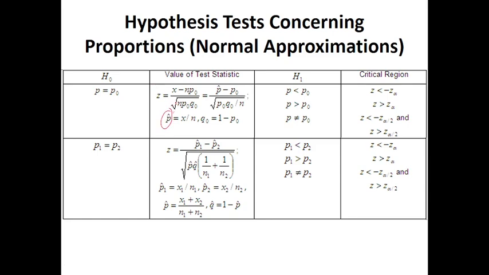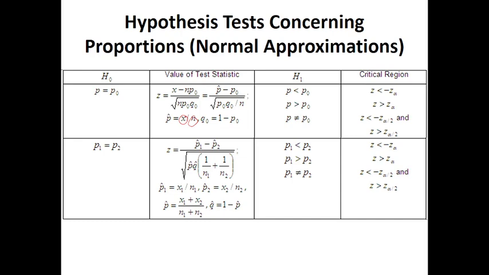With this notation for hat, p hat equals x over n. Here n is the total number of homes and x is the number of homes with heat pumps. When we divide, that will be the proportion of the sample.